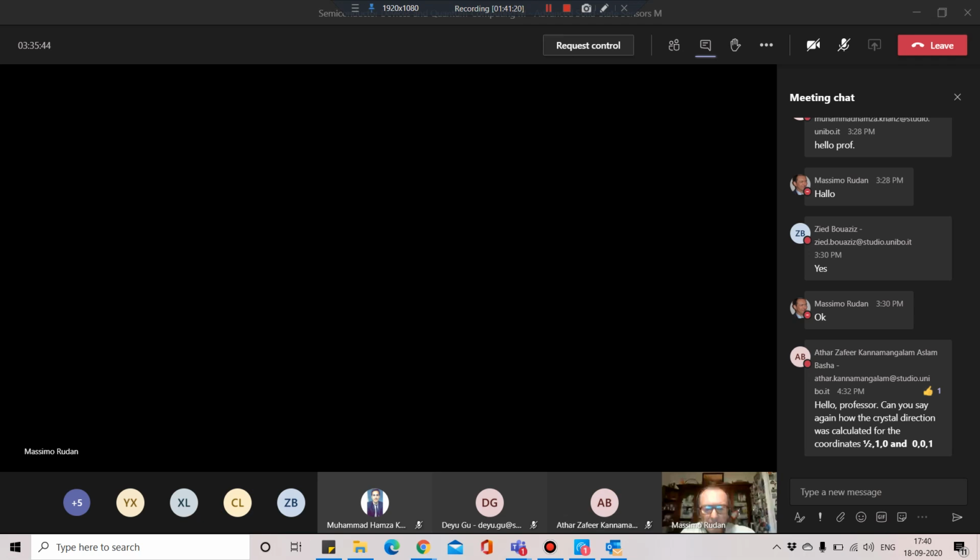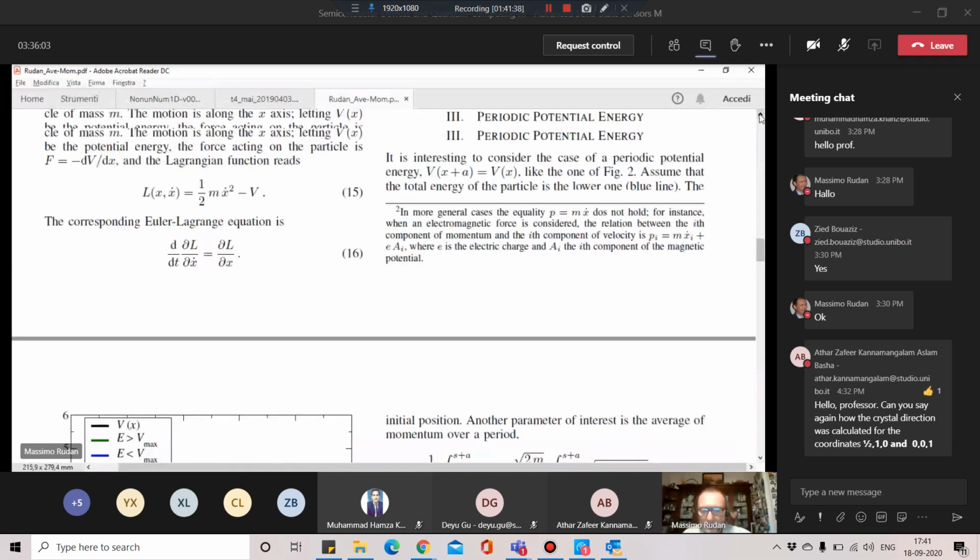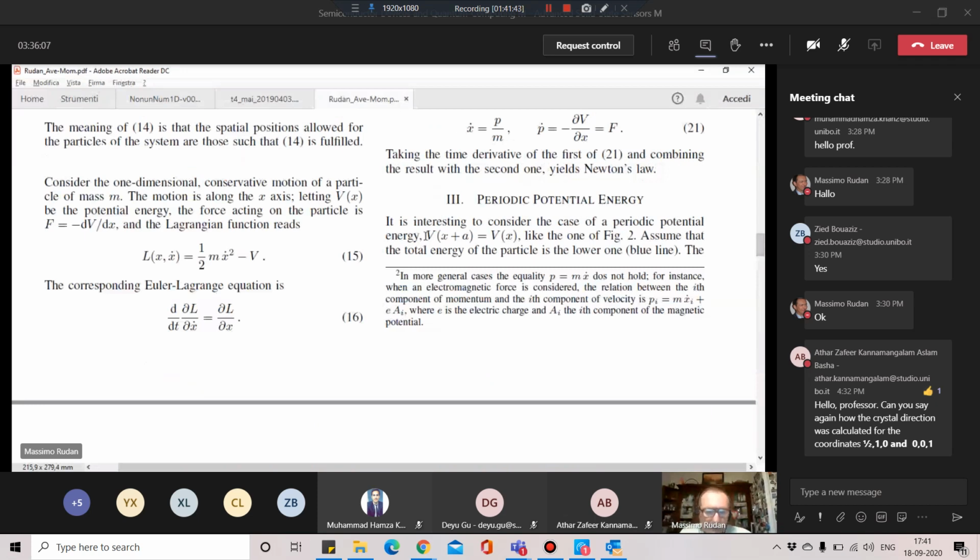The period is indicated with the small a in the notes, so you can see it here. We have the potential energy at x plus a is equal to the potential energy at x for any x, because a is the period, okay?